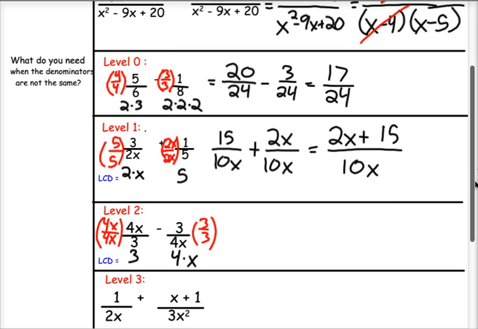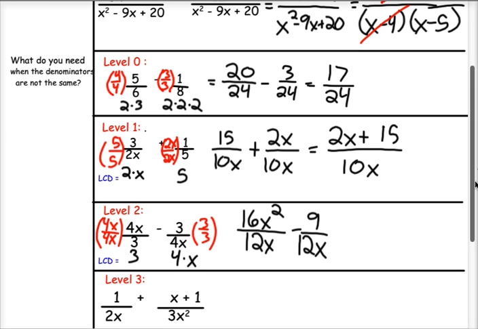So what you end up getting, you take that first one, 4x times 4x is 16x squared. 4x times 3 is 12x. Our second parenthesis, 3 times 3 gives us 9. 4x times 3 gives us that same 12x.